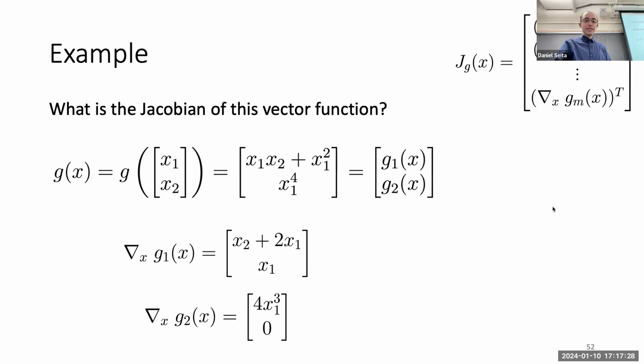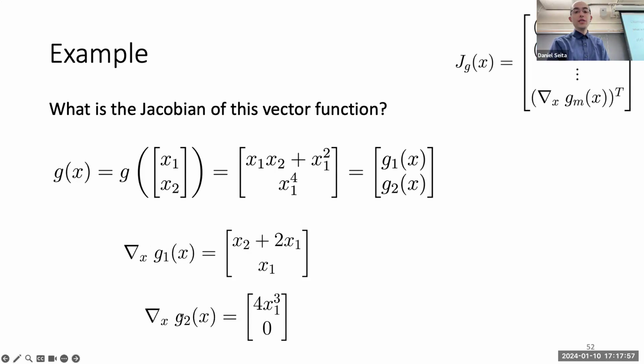So for the first step, you have G1 of x. And if you take the gradient of that, then you get x2 plus 2x1, because you're only considering this part.